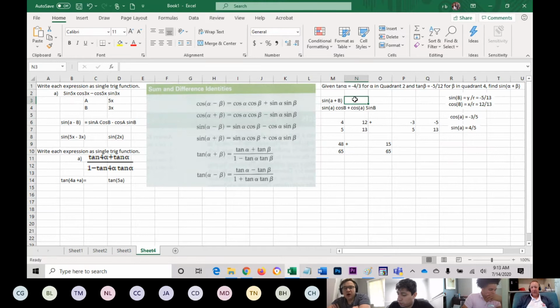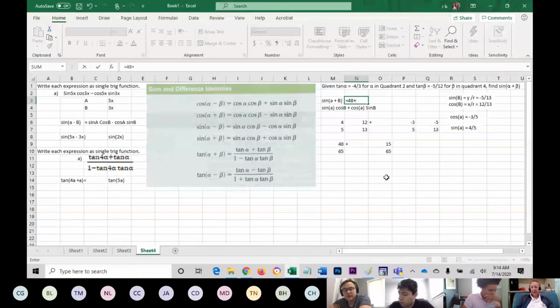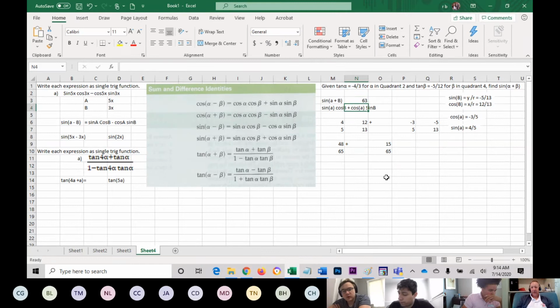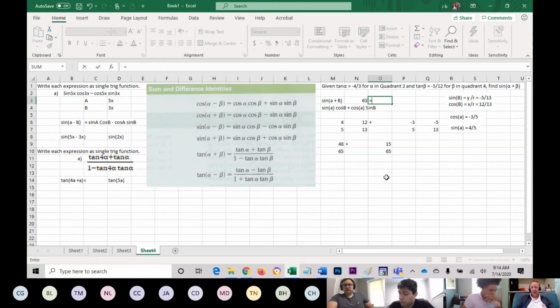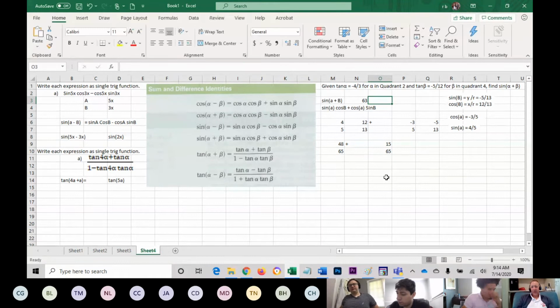So the sine of alpha plus beta equals 48 plus 15 divided by 65. Okay?